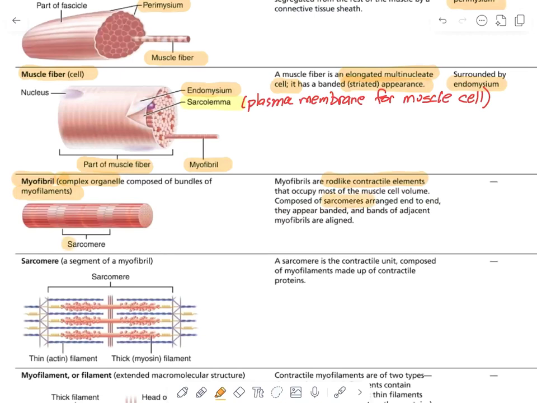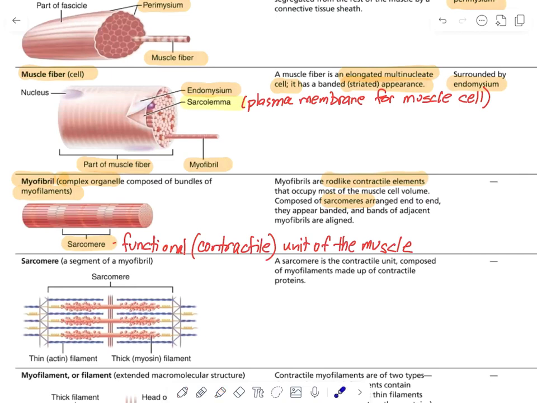Sarcomeres are very important units. These sarcomeres are the functional or contractile unit of the muscle. We'll spend a lot of time talking about the sarcomere because this is where the cross bridge is formed.